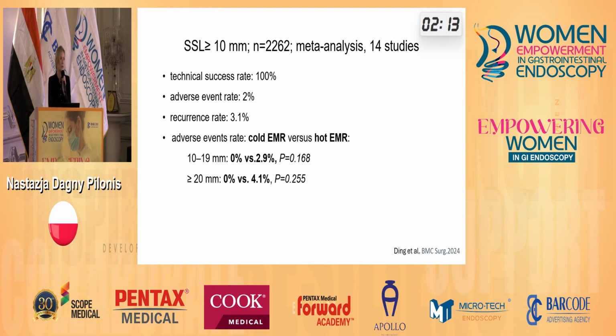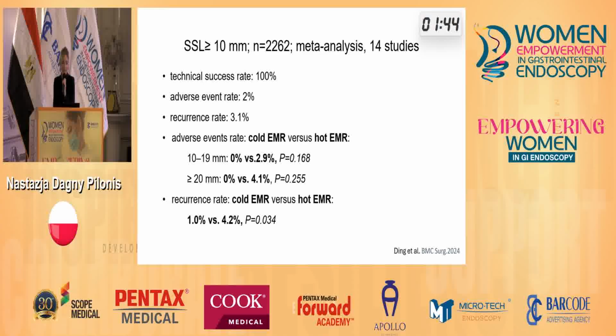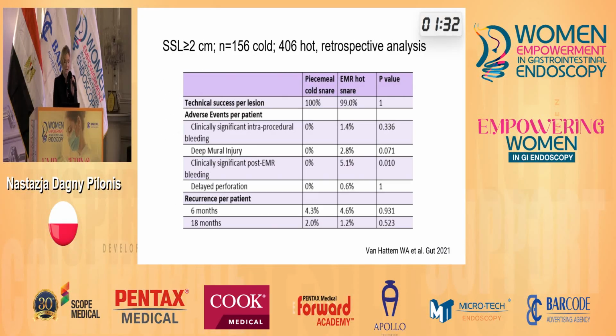The overall success rate was 100%, and I want to draw your attention to the statistics for adverse event rate. Although they are not significant, you can see a tendency for hot polypectomy to be associated with a higher adverse event rate, and for the recurrence rate as well, and this was statistically significant. So hot EMR for those lesions is associated with a higher recurrence rate. I think this is something we have to keep in mind: cold snare polypectomy could be beneficial here.